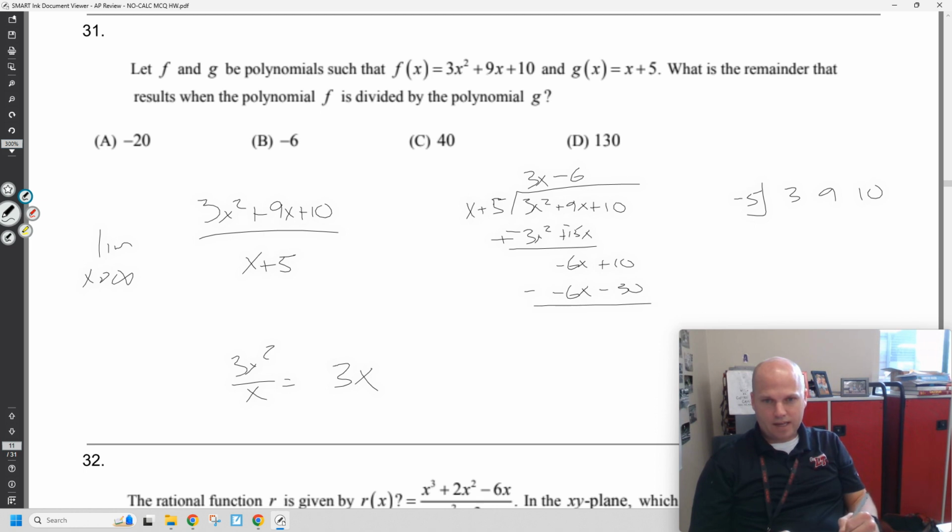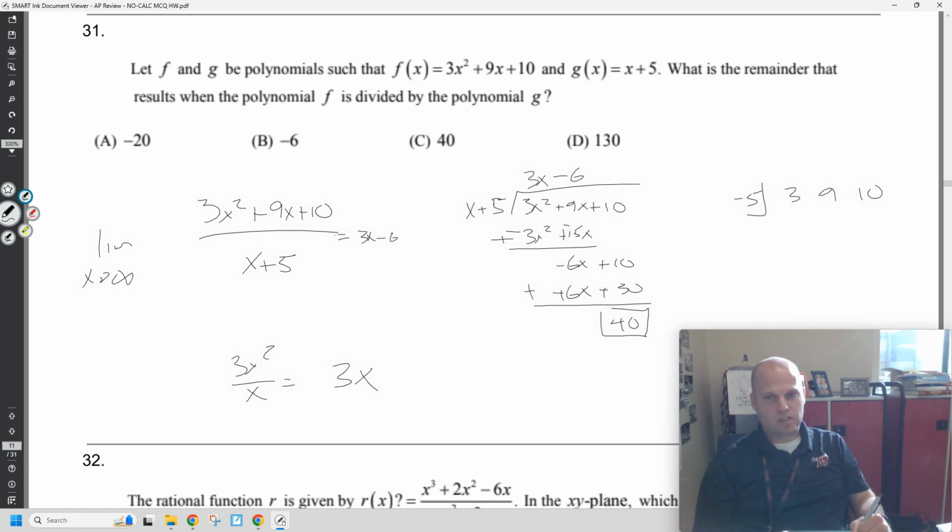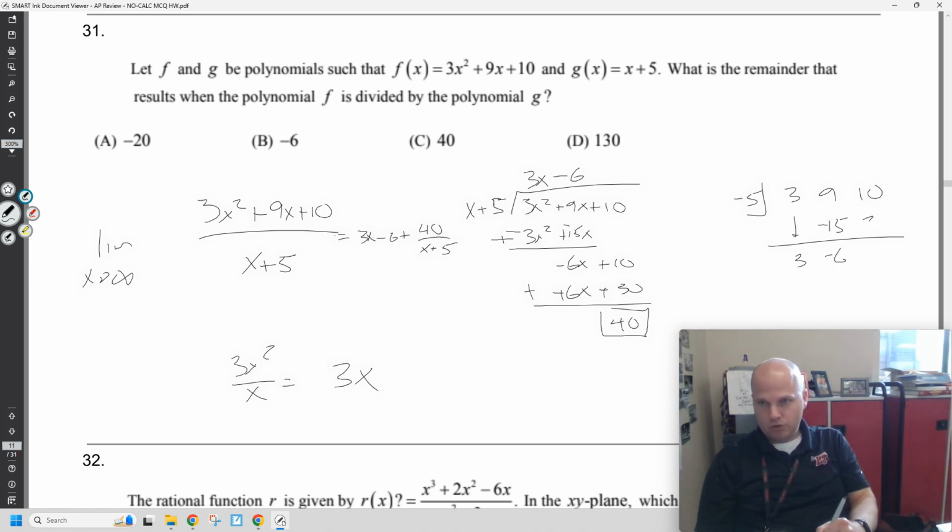When we subtract, add the opposite, we get this remainder of 40, which means 3x squared plus 9x plus 10 divided by x plus 5 is actually equivalent to 3x minus 6 plus the remainder of 40 over x plus 5. Here, you get the same result. Multiply, add, multiply. Remainder, numbers, x's.